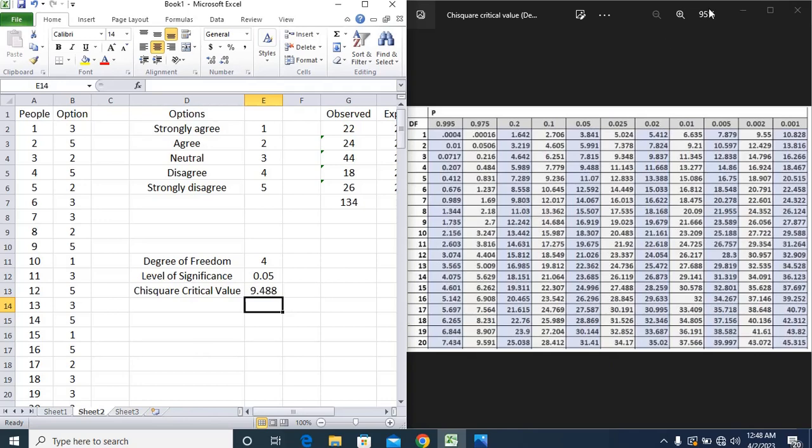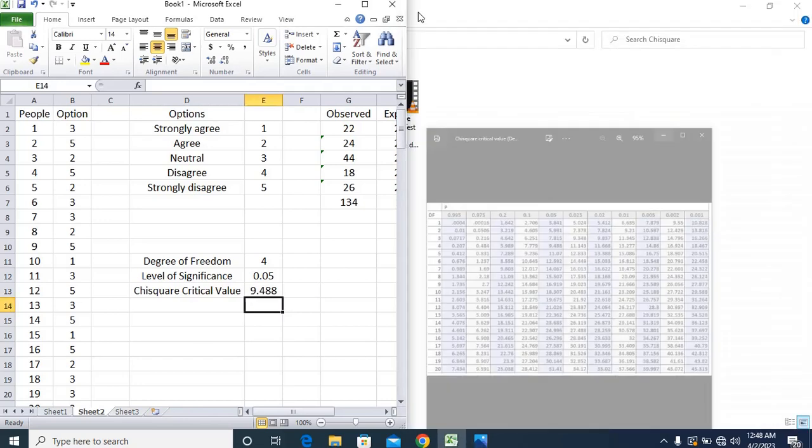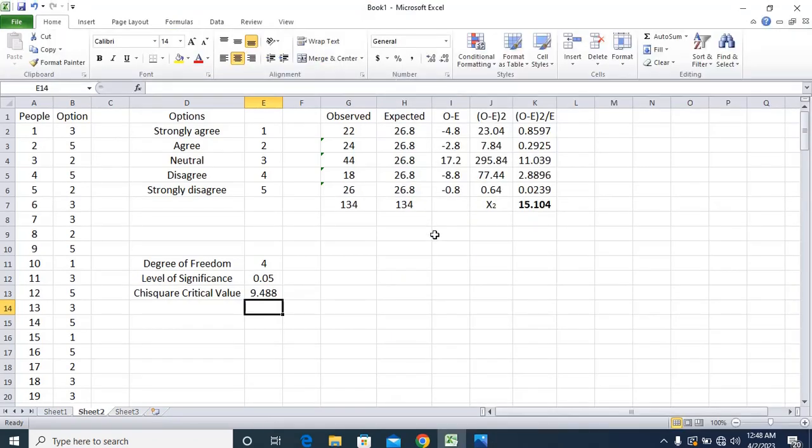So what does it mean? It means that the critical value is less than the chi-square value. If the critical value is less than the chi-square value, this means that the null hypothesis is rejected. If the chi-square value is less than the chi-square critical value, then the null hypothesis is accepted.